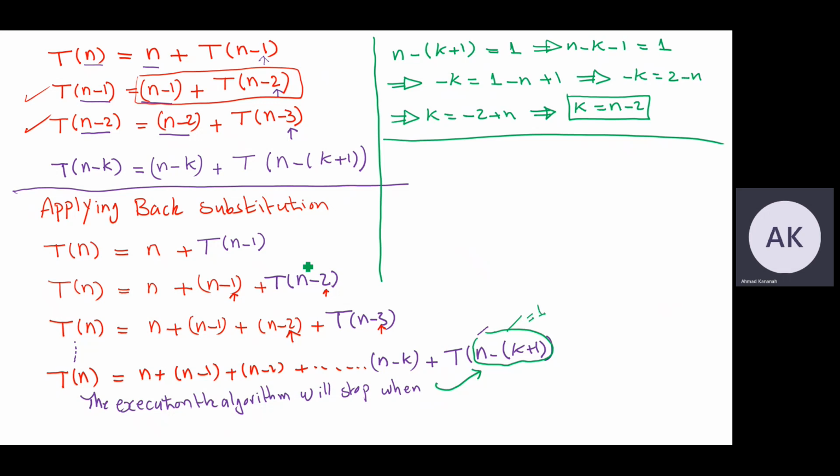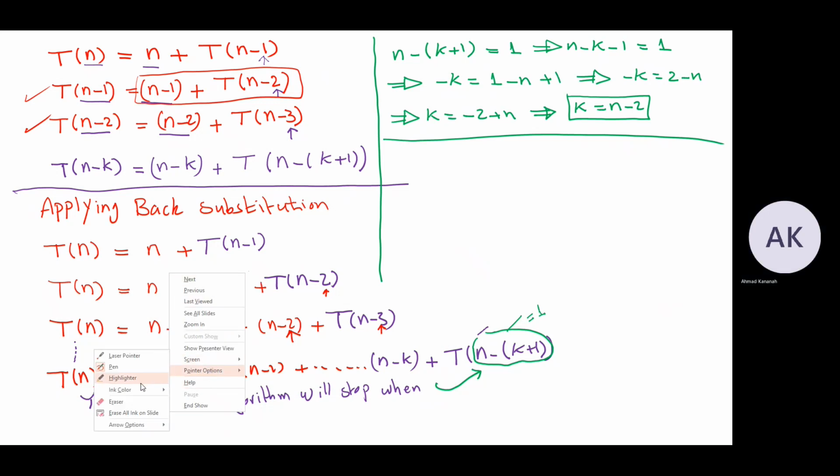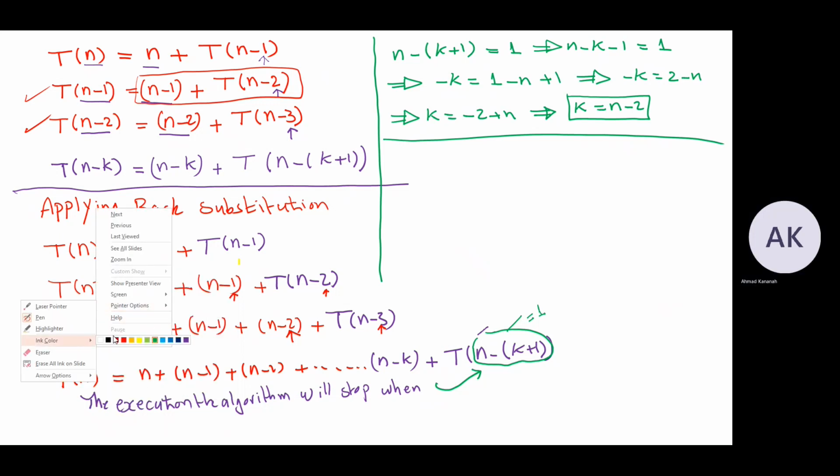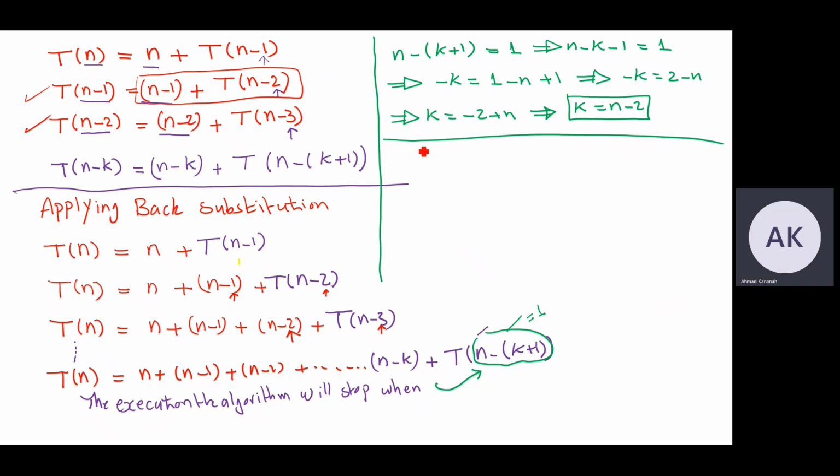Now let us return to our recurrence equation. Now, the time required when the input size equals n plus n minus 1 plus n minus 2 plus n minus k plus, this is equal to 1, n minus k plus 1 plus T of 1.